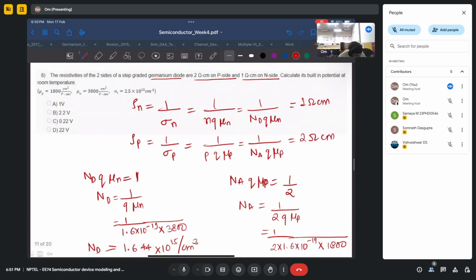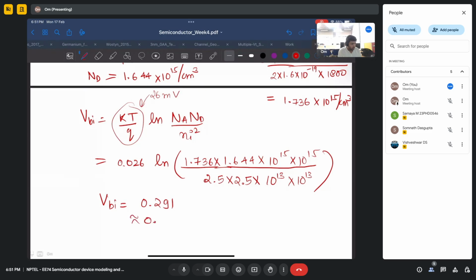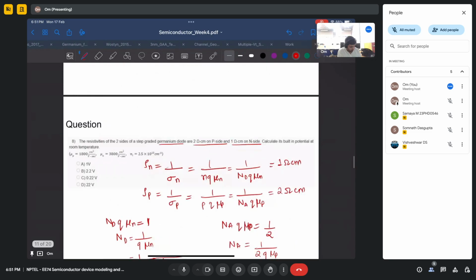Ni value is 2.5 into 10 to the power 13, so 2.5 into 2.5 into 10 to the power 13. If I solve this, I will get VBI as 0.219, which is equal to 0.22, which is the answer, option C.